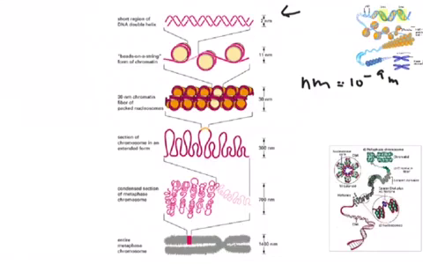Then the DNA, as you can see, is folded up around the histone proteins to form nucleosomes. So at this point, what we're talking about is a structure called chromatin. So this is the DNA wrapped around the histones to form nucleosomes. This initial wrapping then creates a thickness of about 11 nanometers.